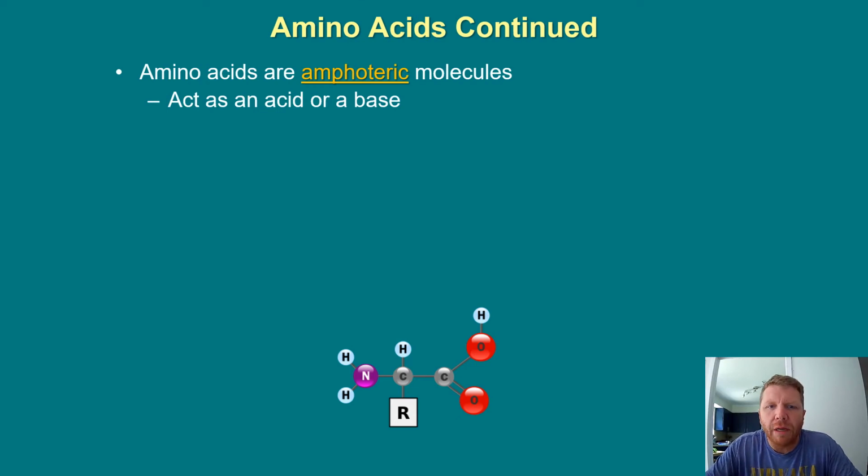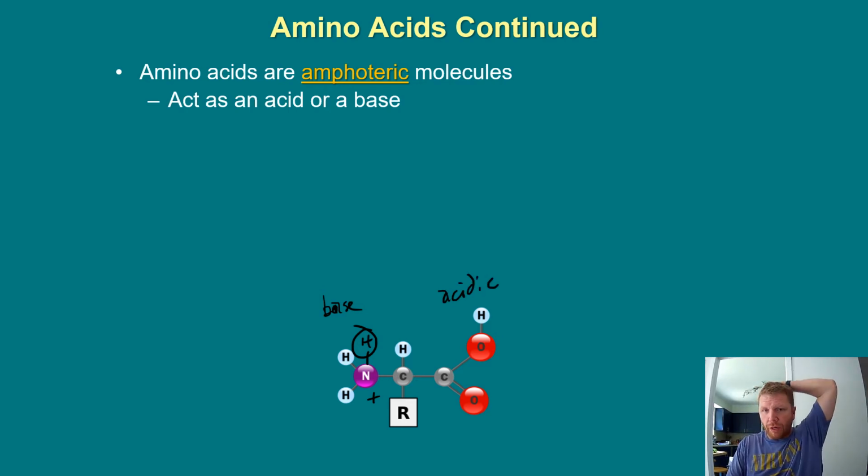Okay, so our amino acids are amphoteric molecules in the sense that they act as an acid and a base. So here's our basic side, and here's our acidic side.